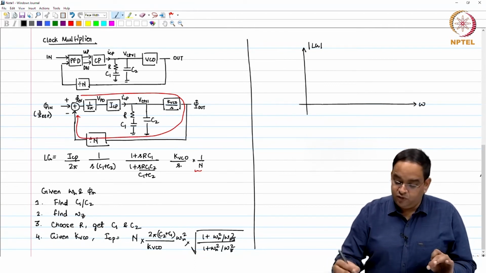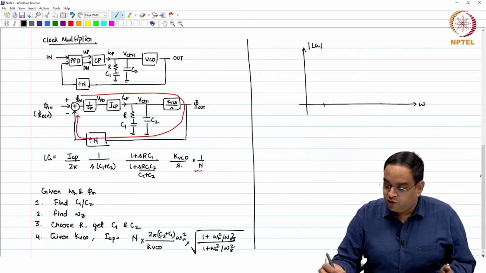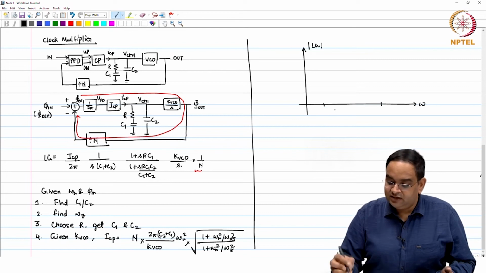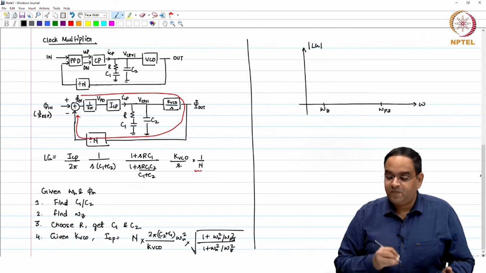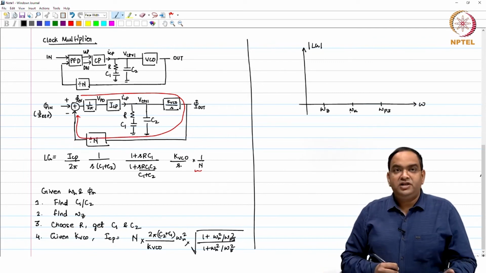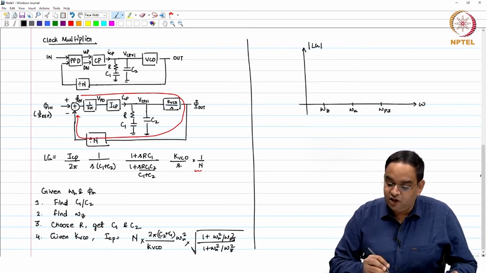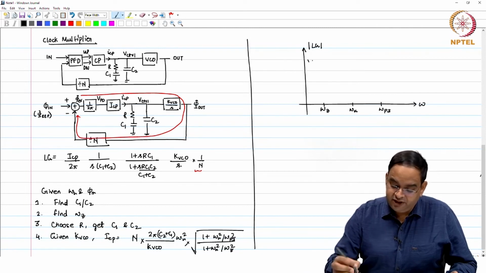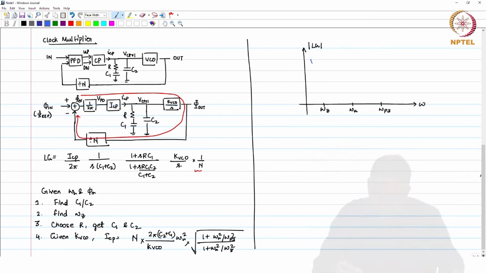Okay. So, if your phase margin is going to be positive, your omega u will be in between your omega z and omega p3. Omega u may be somewhere here. It is actually the geometric mean of omega z and omega p3. I am drawing this in log scale right now. So, what I am going to see is characteristics like this.